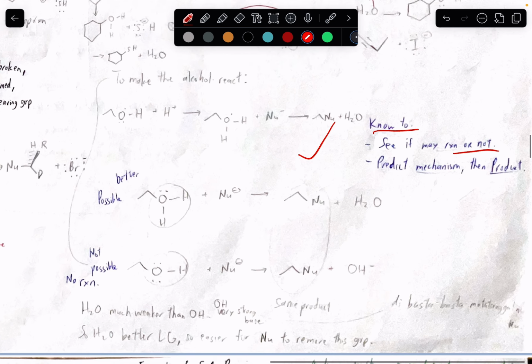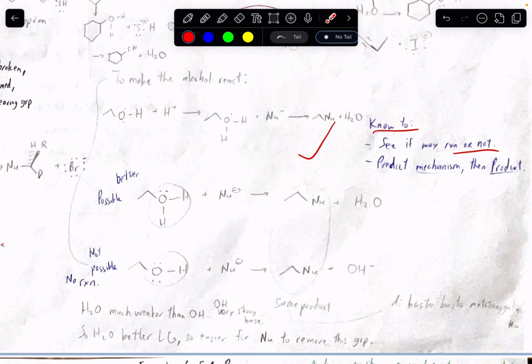Okay, here, this reaction is not possible. Why is it not possible? So aside from considering whether backside attack could be done, it also depends on the basicity of the leaving group.